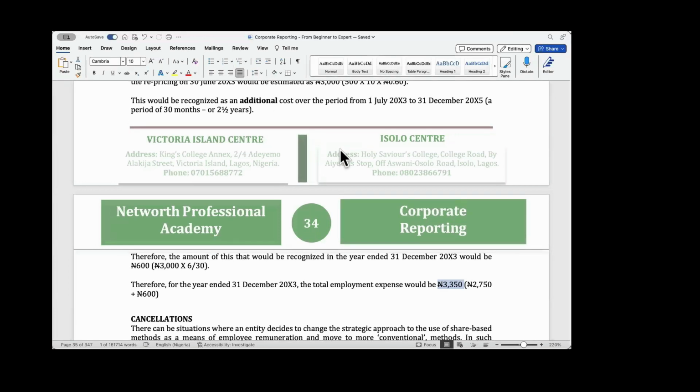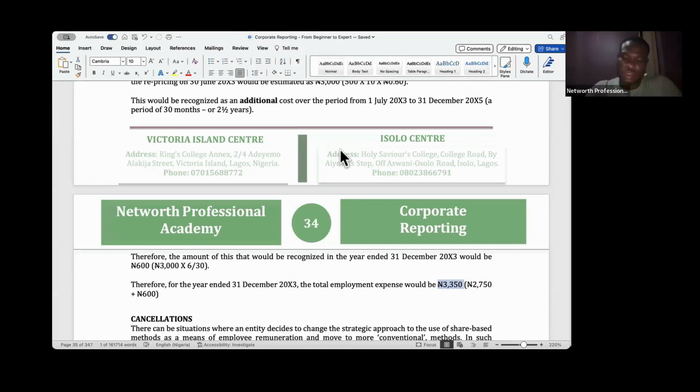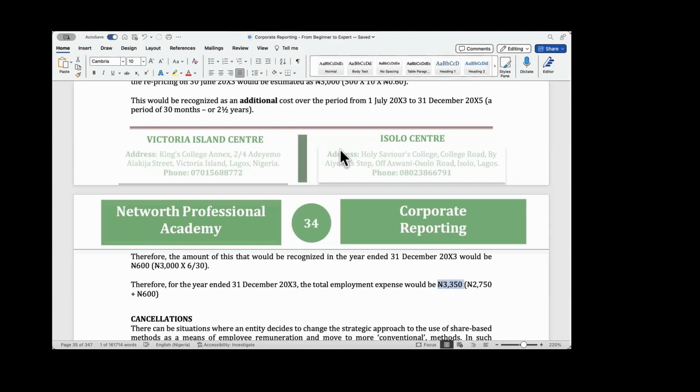This time we would be having the 3,000, times 12 divided by 30. Okay. What did you say was your final answer? For 2004, it will be 3,950.